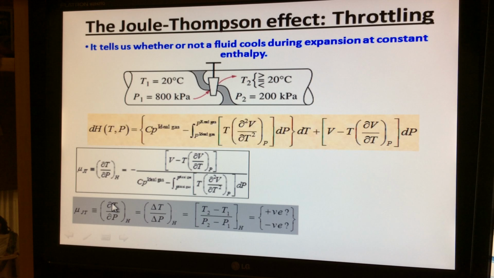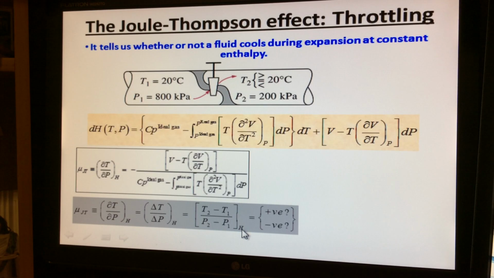If you convert this derivative notation into a finite difference notation, you get delta T over delta P at constant H. Going back to the process, it means T2, the outlet temperature, minus T1, over P2, the outlet pressure, minus P1, the inlet pressure. That is evaluated at constant enthalpy.